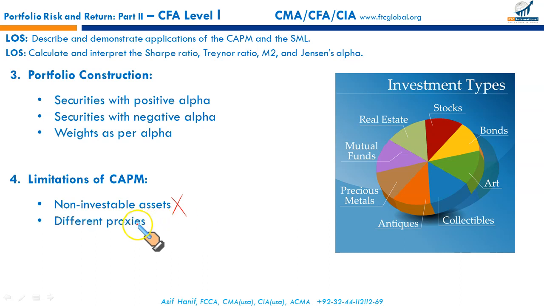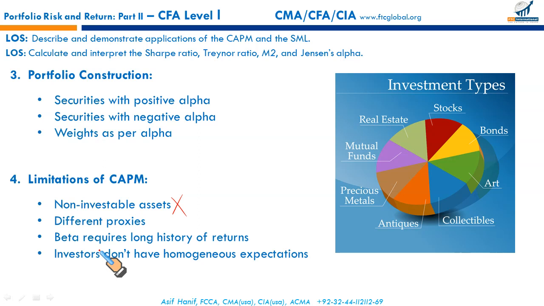Then different analysts may use different proxies for the market portfolio. That is the deviation from CAPM. Beta is a measure of systematic risk, and beta estimation requires a long history of returns, which may not always be available. And also history is not a perfect predictor of future outcomes.